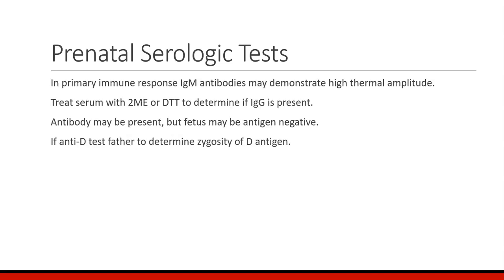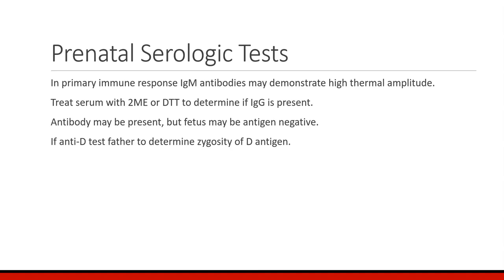One thing is that during a primary immune response, IgM antibodies may demonstrate high thermal amplitude. Again, high thermal amplitude is where these antibodies grab onto that antigen and they stick. And after 37, which they're supposed to come off, they didn't read the book and they don't want to. They stay on.